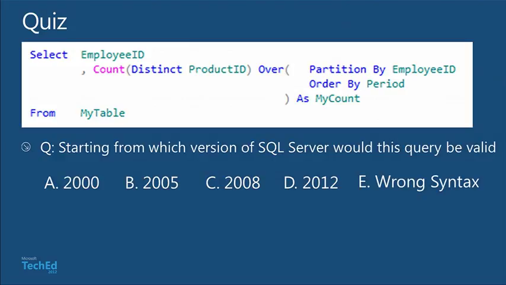Any other number? 5. Who said that? You said wrong answers. Why is it a wrong answer? Wrong syntax. Pardon? Just a guess. Okay. Nobody answered this question correctly. So the answer is wrong syntax.